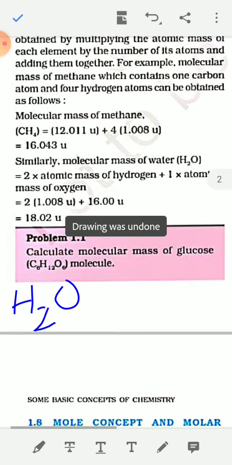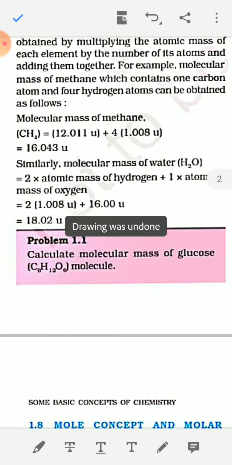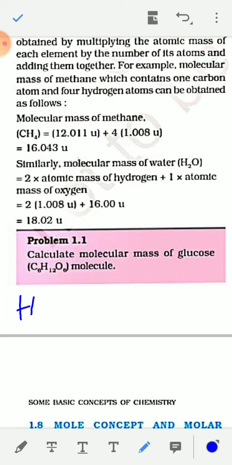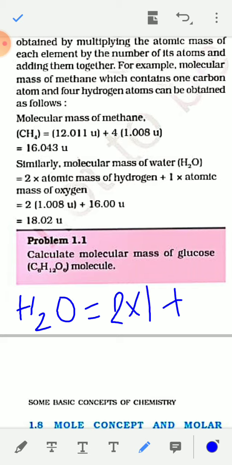You can calculate the molecular mass of water by adding the atomic masses of hydrogen and oxygen. You know the atomic mass of hydrogen is 1, so 2 hydrogen means 2 into 1, plus the atomic mass of oxygen is 16, so 2 into 1 plus 16, that is 18.